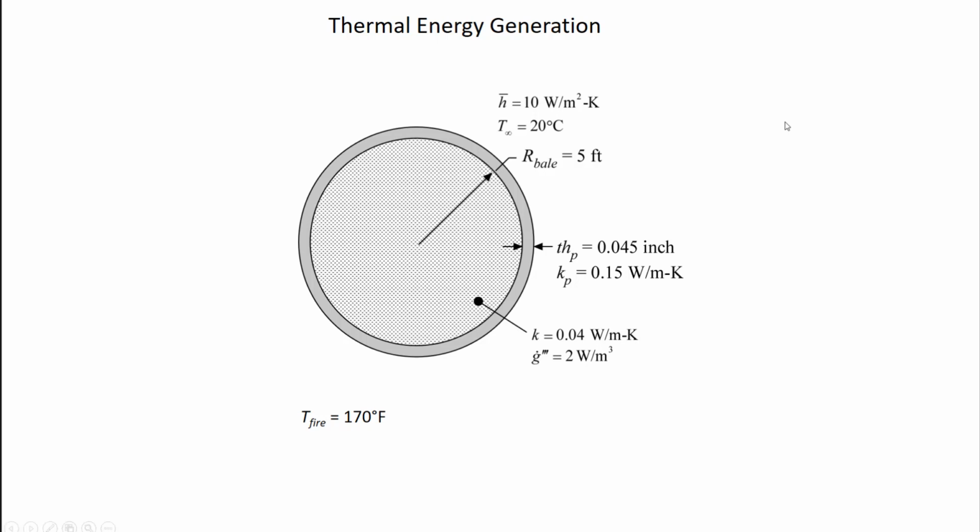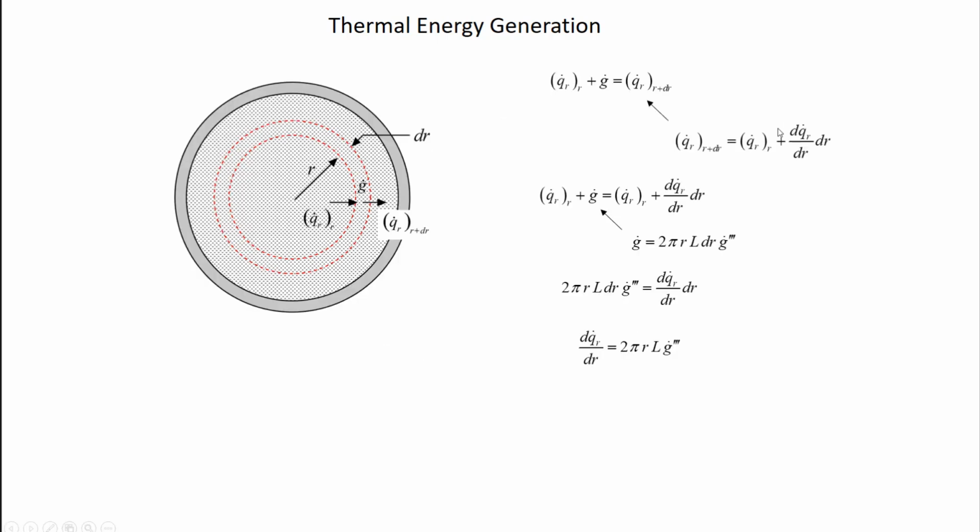And these were laid out pretty carefully last time. The first thing is we have to define a differentially small control volume. So what does a differentially small control volume look like for this situation? So we have temperature gradients in the radial direction, right? So we said then that it has to be differentially small in the radial direction.